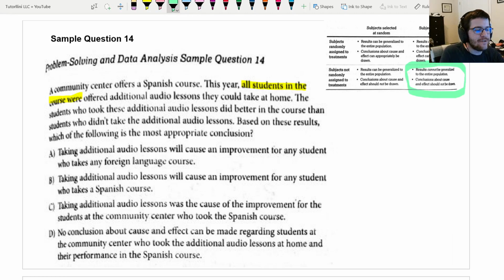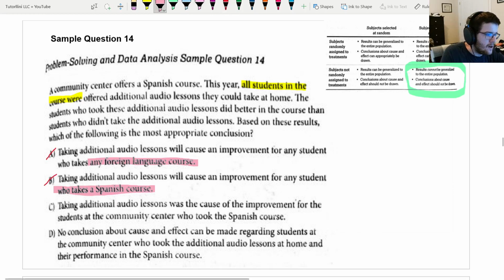And even if we were, we could only generalize it to the people in the community center course. So right away, any foreign language course, that's definitely wrong. Or who takes a Spanish course, that is also definitely wrong, because we're not studying those populations.